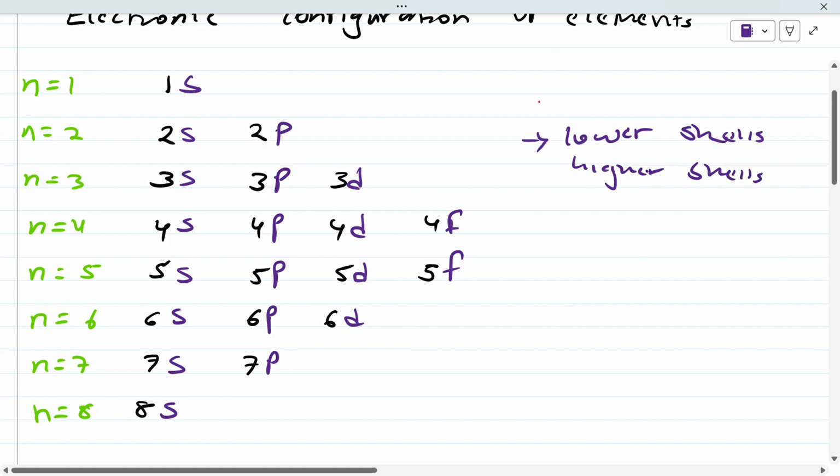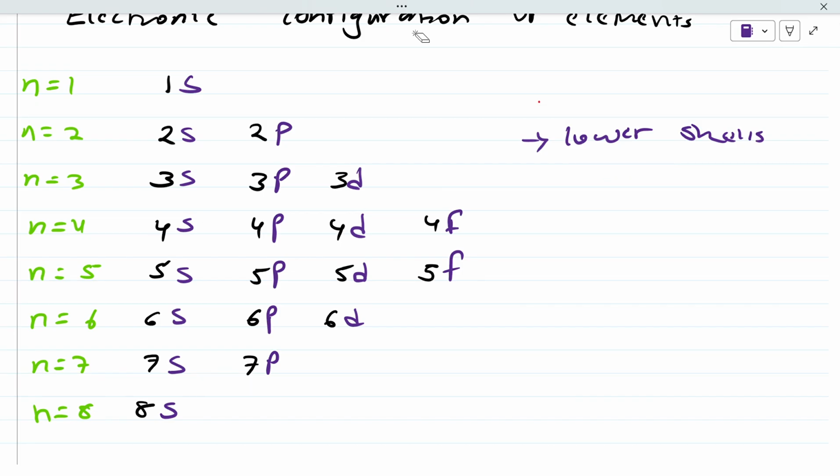Meaning a higher shell will never be occupied by electrons before the ones below it are occupied. So most of the time, electrons occupying shells and orbitals within the shells will always start with the lower ones.